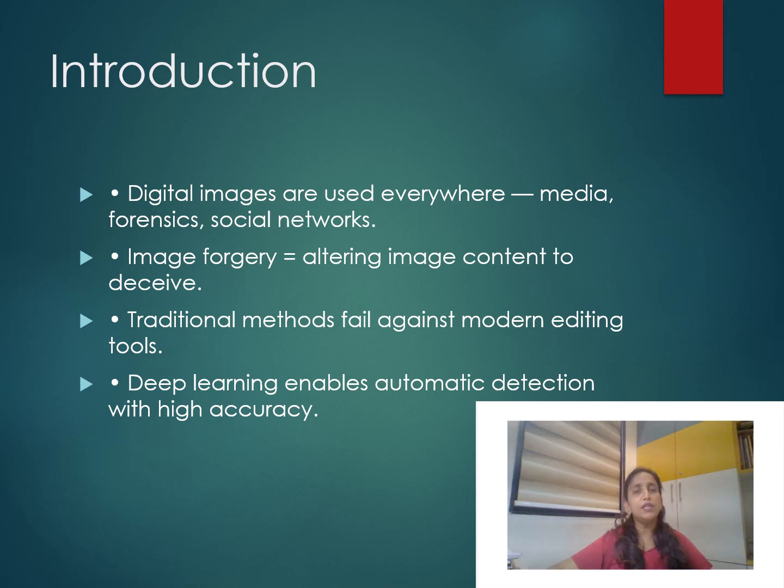Traditional detection methods are not accurate enough because they depend on manually checking image properties. This is why deep learning is being introduced. Deep learning, on the other hand, can automatically learn and identify hidden features that a human might miss, making it more reliable and efficient for forgery detection.